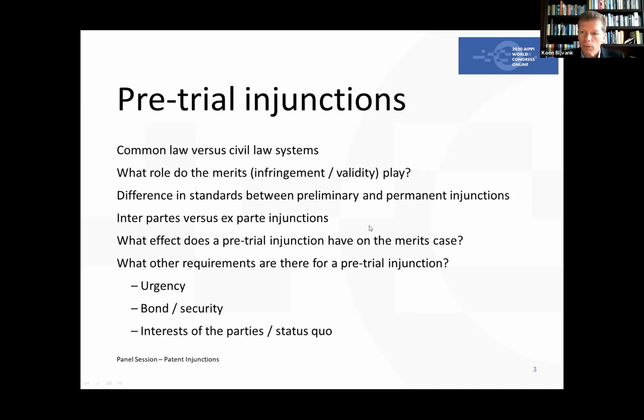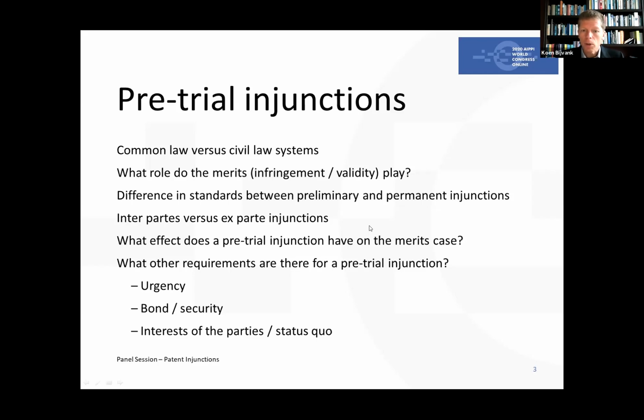a bond in order to make it easier, on the one hand, for the defendant to claim damages if, for instance, the patent is later revoked and the injunction should not have been granted, but perhaps also as a warning or sort of a hurdle for the patentee in certain circumstances to enforce an injunction if, for instance, the impact for the public, but also for the infringer, is going to be much higher.